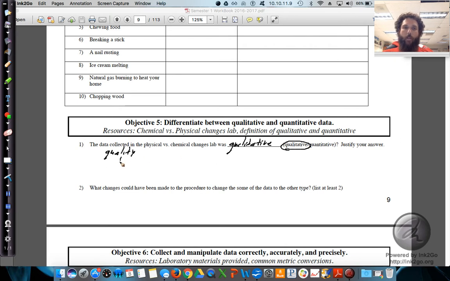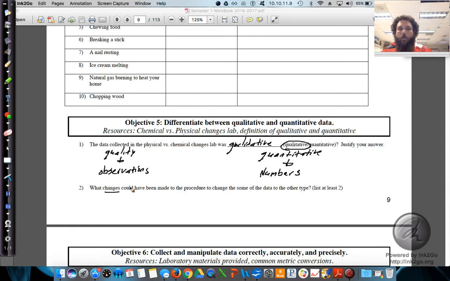And that is your observations. Where quantitative, those are going to be numbers. So anytime that you look at data that you're collecting, if you have observations, that's qualitative. If you have numbers, that's going to be quantitative.